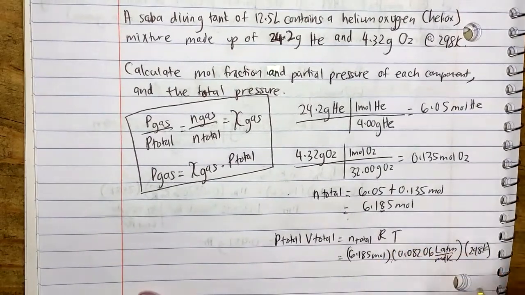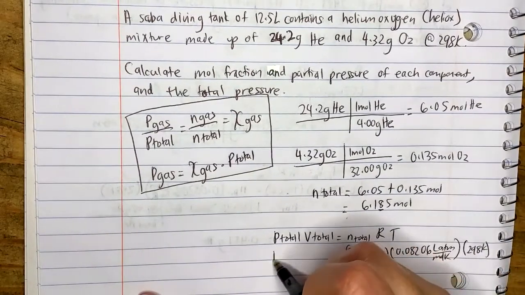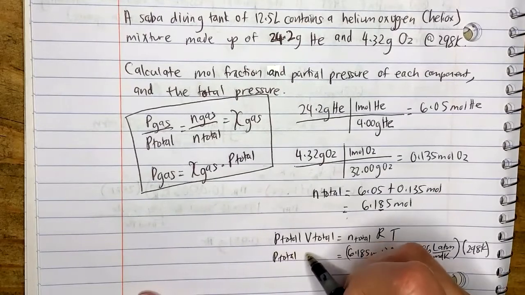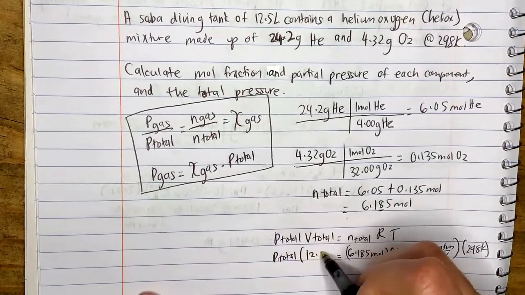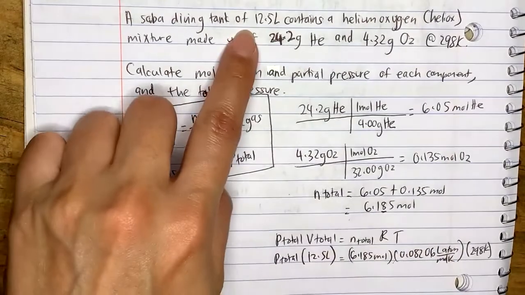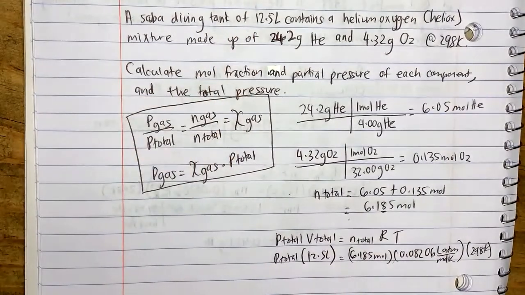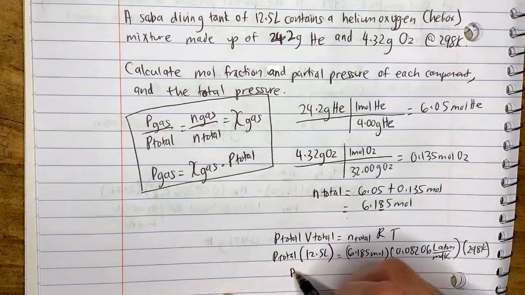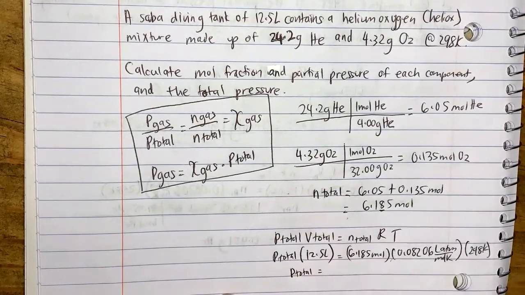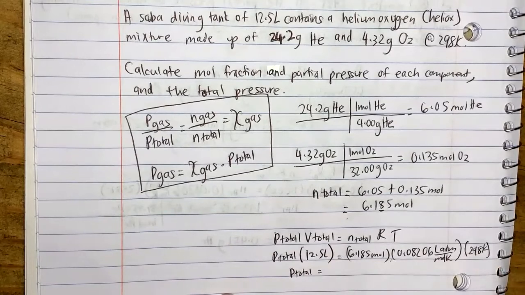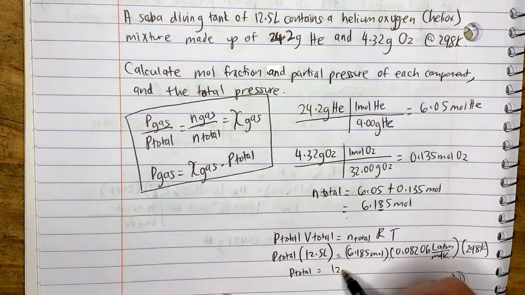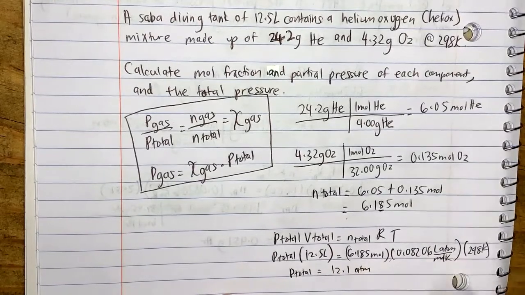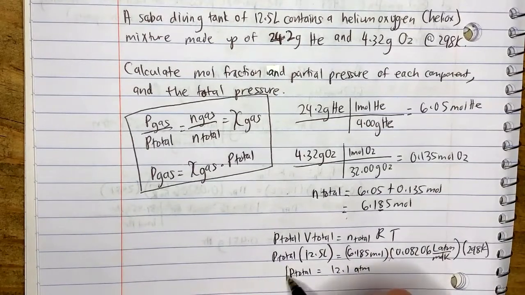And P total is what we're looking for. V total was 12.5 liters, because that's the tank right there. And then we can get P total, which is all of this divided by 12.5, okay? And the P total answer is 12.1 ATM. Okay, so that's one answer right there.